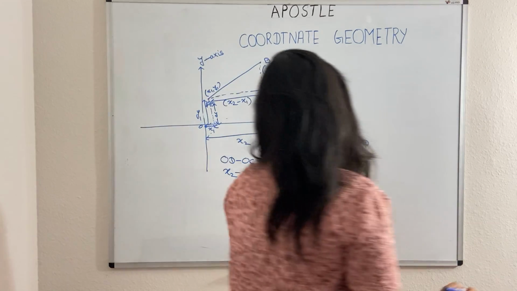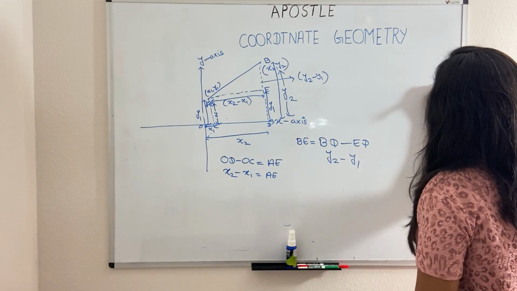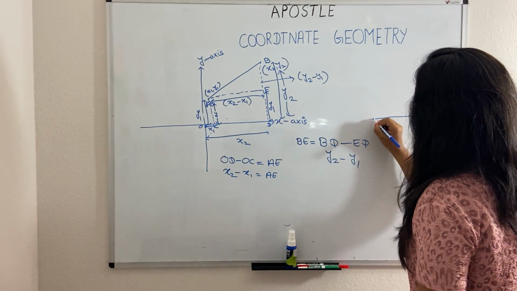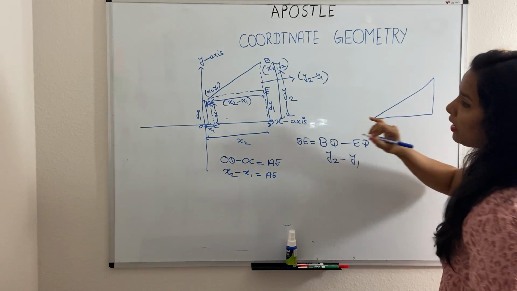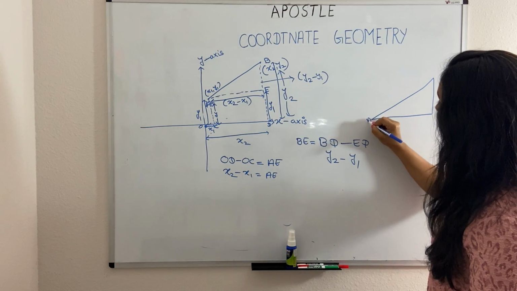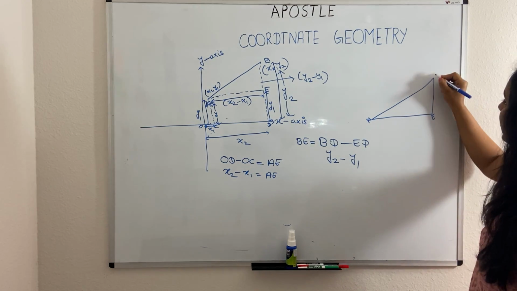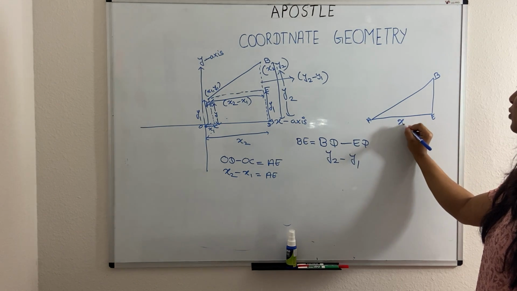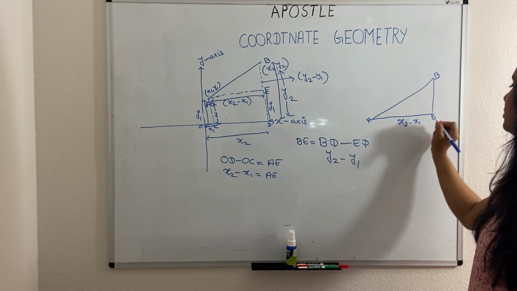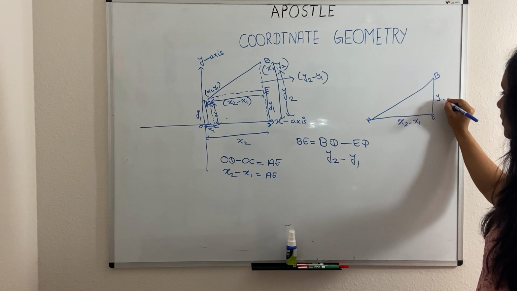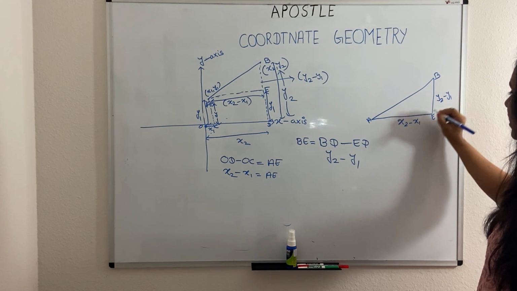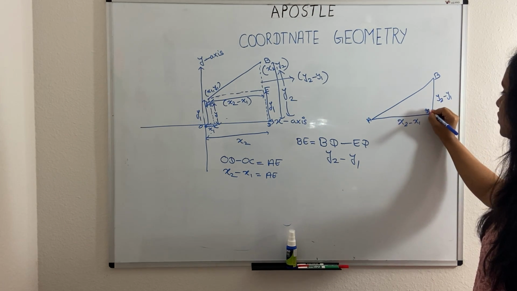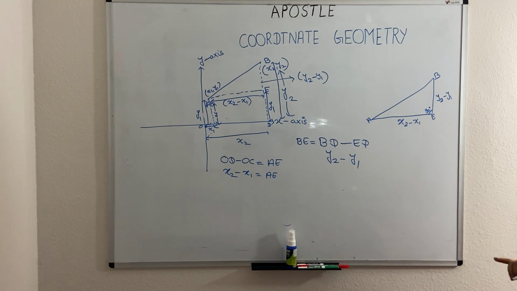Now I am drawing this right triangle AEB separately. In this, what is AE? AE is x2 minus x1. What is BE? BE is y2 minus y1, and this angle is 90 degrees. That's why we call this a right triangle.